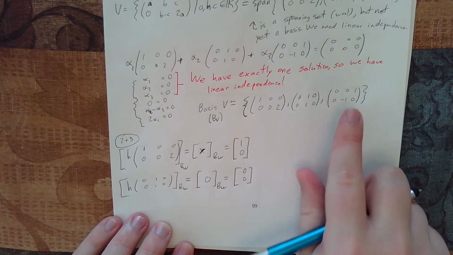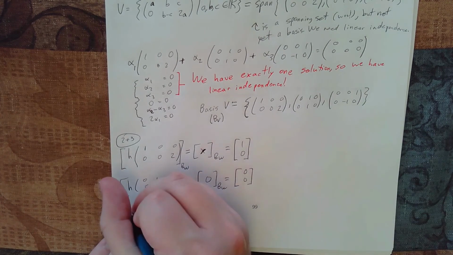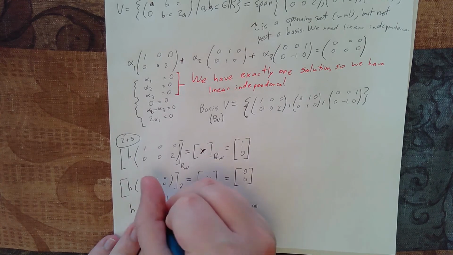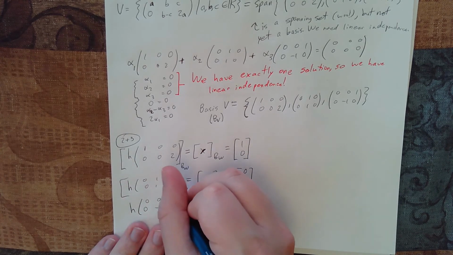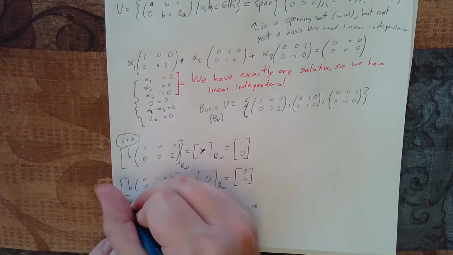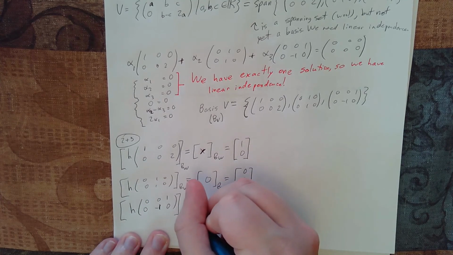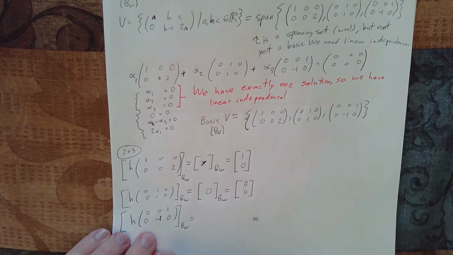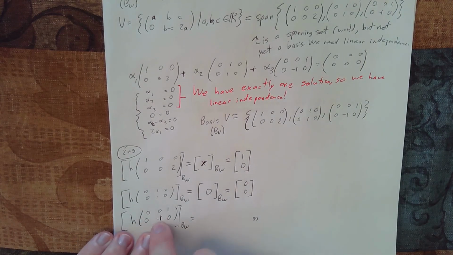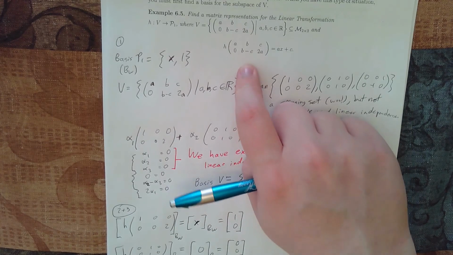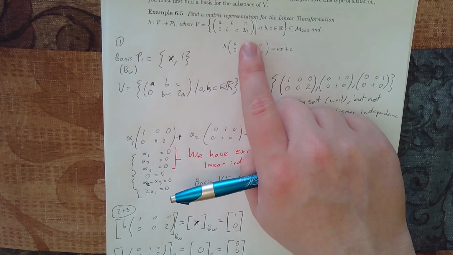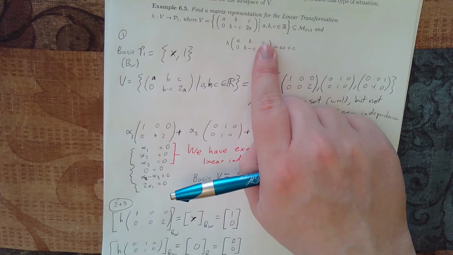And then last but not least, we got one more basis vector to transform, 0, 0, 1, 0, negative 1, 0. And so we will take this and write it with respect to our basis for W. Again, we'd want to figure out how it plugs into this function. Here it means the a and the b portions are going to be 0, and the c portion is going to be 1.